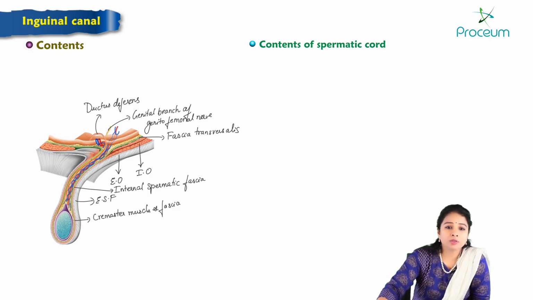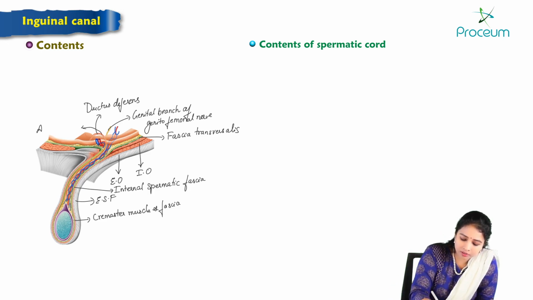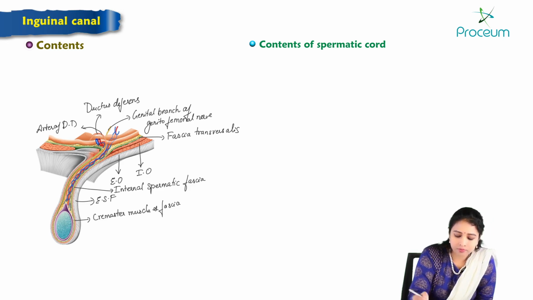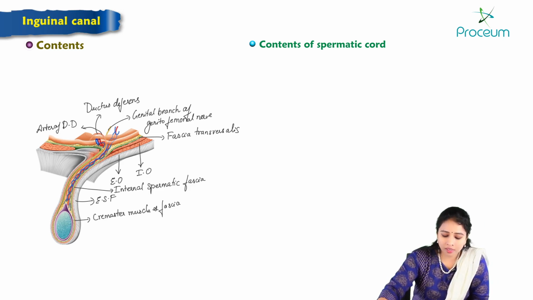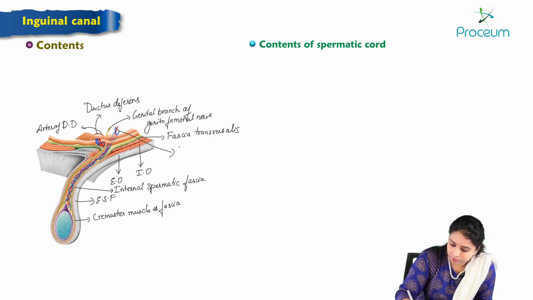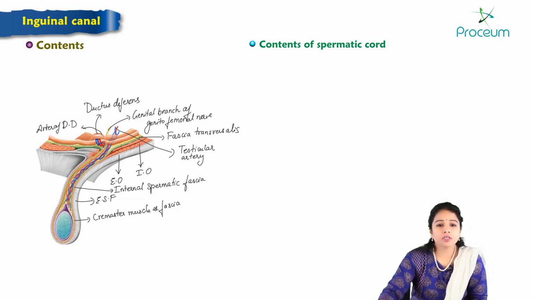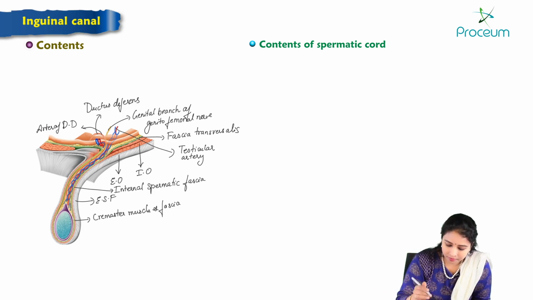And apart from that, the artery of ductus deferens arising from the superior vesical artery. So along with this red line is the artery, which is the artery of ductus deferens. Testicular artery arising from the abdominal aorta. And it also contains the cremasteric artery arising from the inferior epigastric artery.